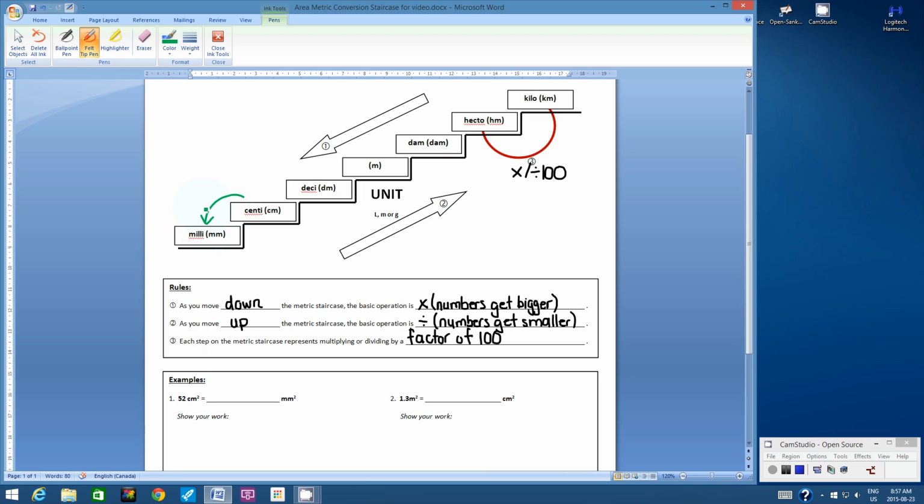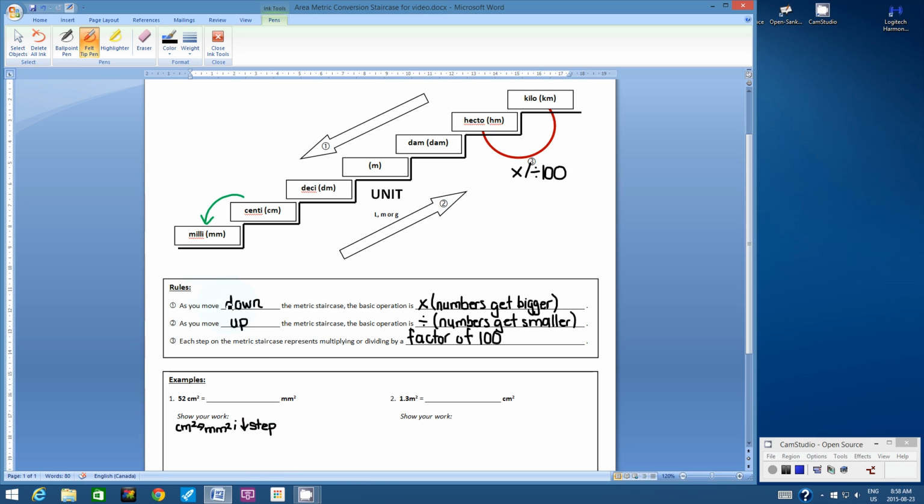It always helps to write in the arrow here or the jump. Centimeters squared to millimeters squared represents a jump of down 1 step. So we moved down 1 step.